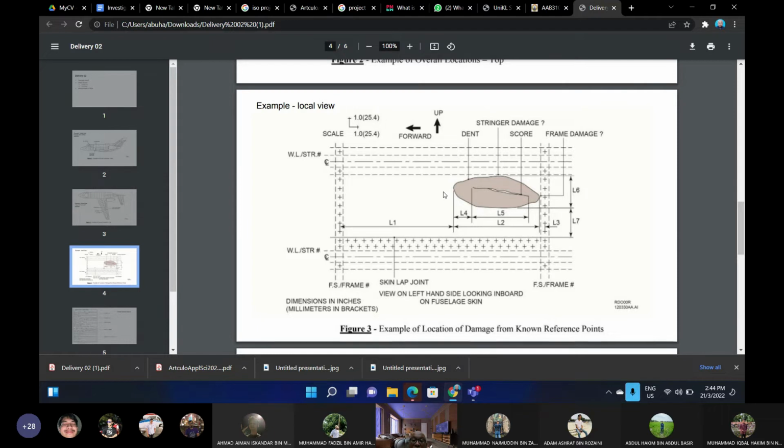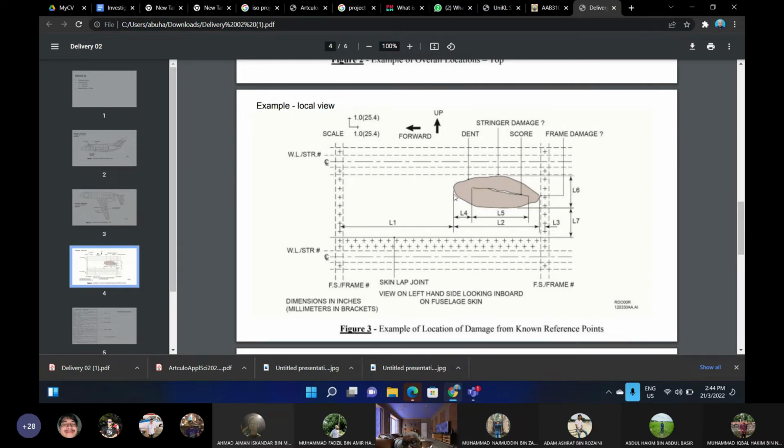And this is very important if you send the report to the OEM, because the OEM will need the detail of the location of the defects, because some areas of the fuselage are not repairable and no repair is allowed to be done. So by having this information, they will make a judgment whether that area is repairable or not.